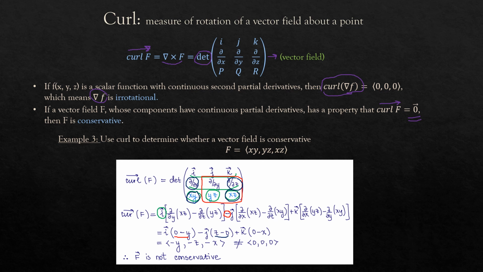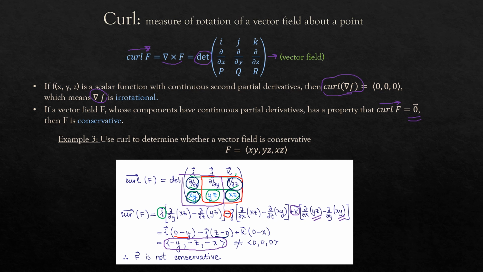And then plus what? What do we have for the last one? So this is k, and we're looking at this matrix right here. So partial of yz with respect to x minus partial of xy with respect to y. So we get negative x, and we have this vector right here: negative y, negative z, negative x.